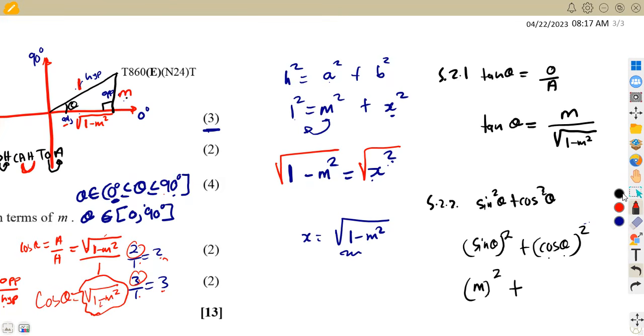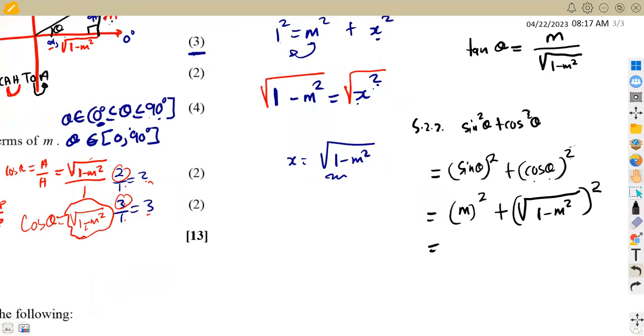So here we are going to substitute the square root of 1 minus m squared, everything to the power of what? 2. All right, so let's see what you're going to have. If you simplify, m squared, in the bracket this 2 is going to affect the 1. 1 times 2 is 2, so it's m squared plus the square root raised to the power of 2.